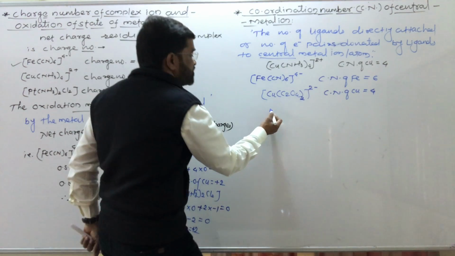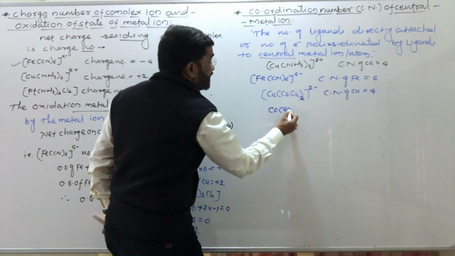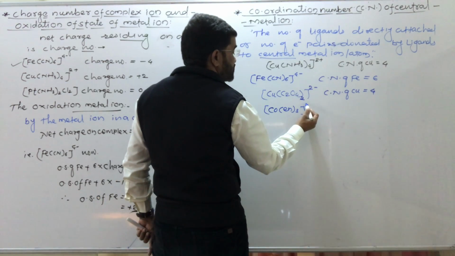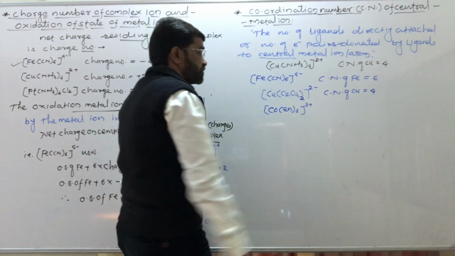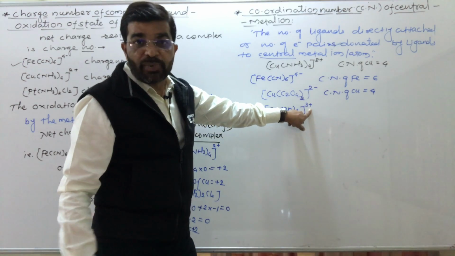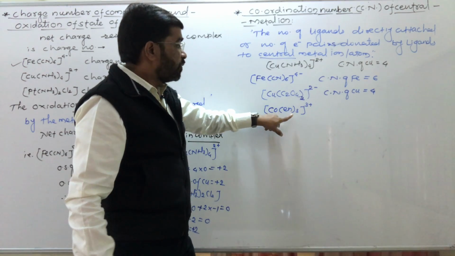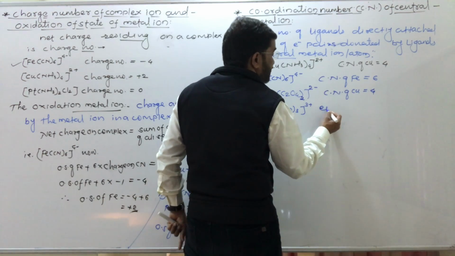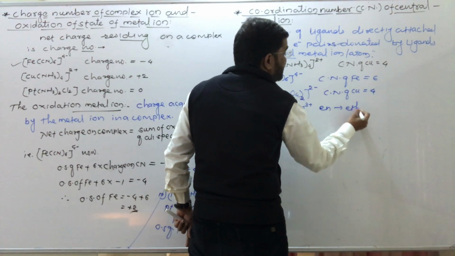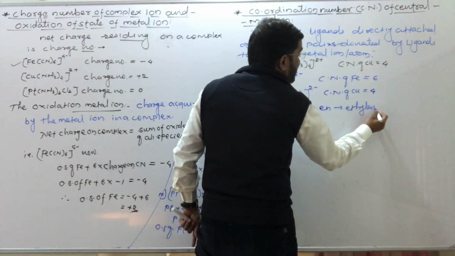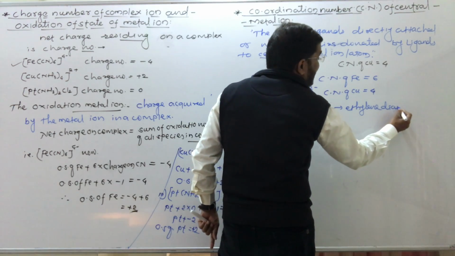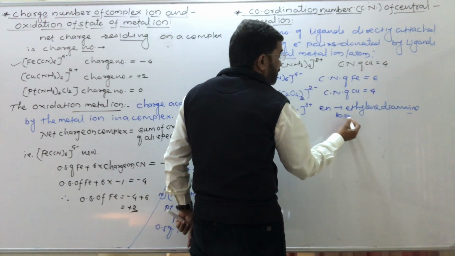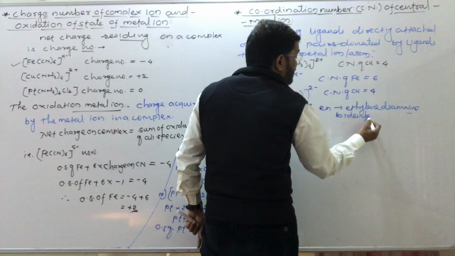Or you see this example, [Co(en)3] and here the charge is +3. We have to find out the coordination number. Here en is ethylenediamine, and this ethylenediamine is a bidentate ligand.